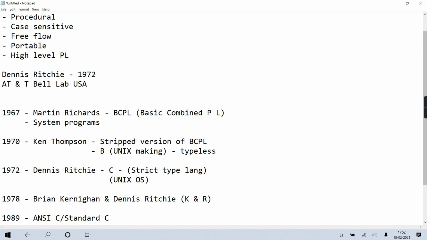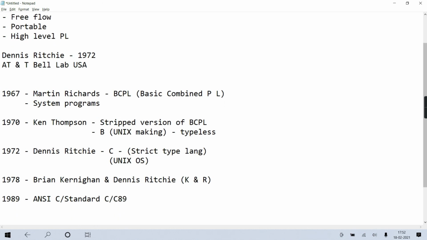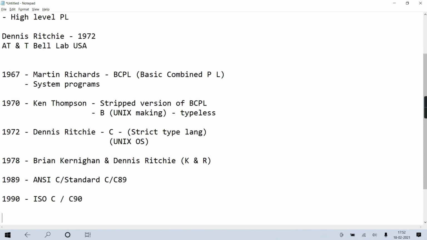It is also called standard C, or C89. Then, in around 1990, another committee was formed, the International Organization for Standardization. They came with their C called ISO C, or C90, with some changes from ANSI.